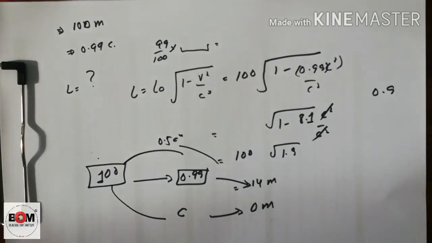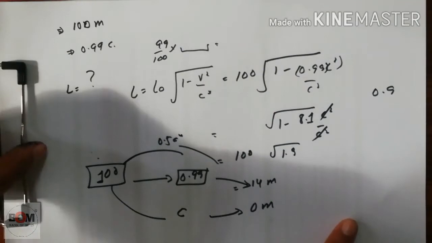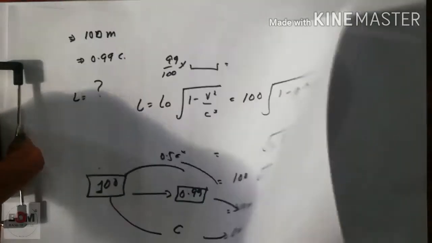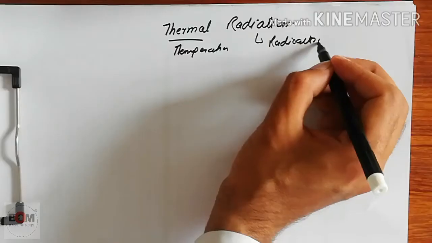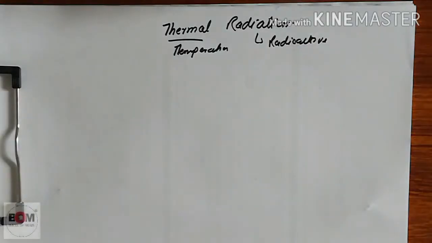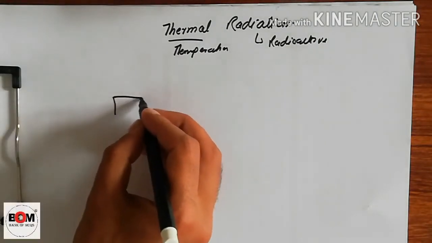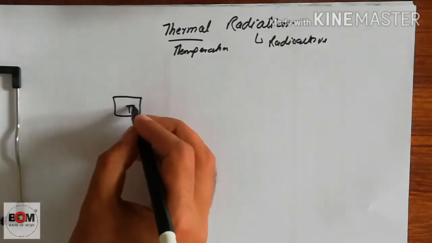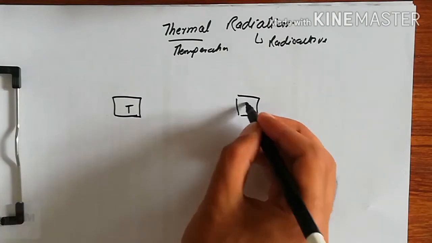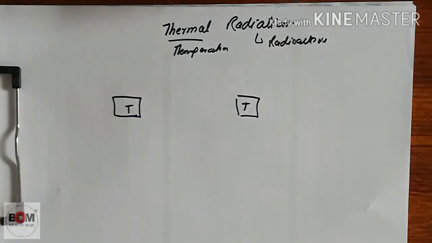And next is black body radiation. Any object at a given temperature will radiate some waves or particles, and this is called thermal radiation.